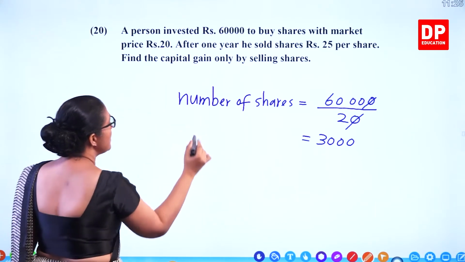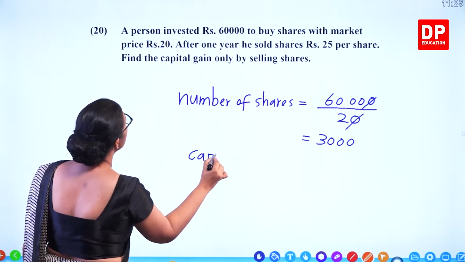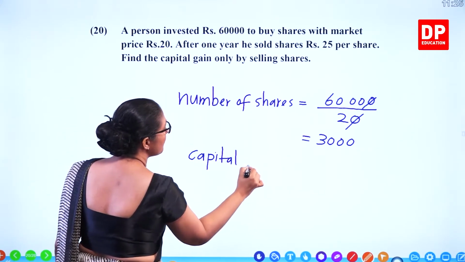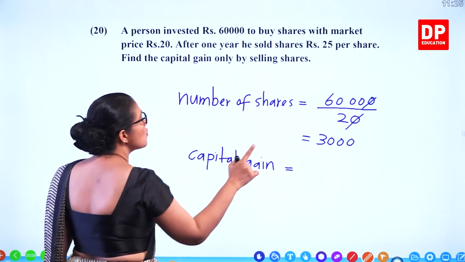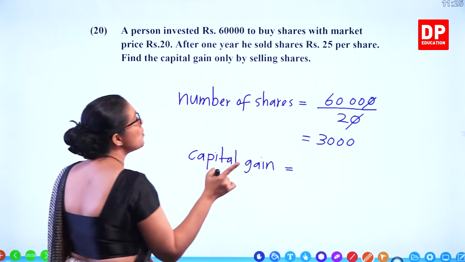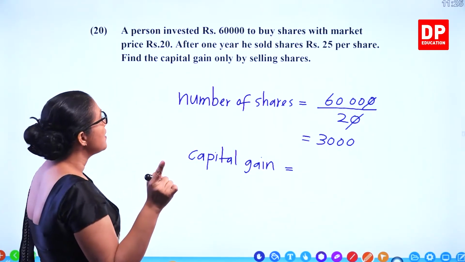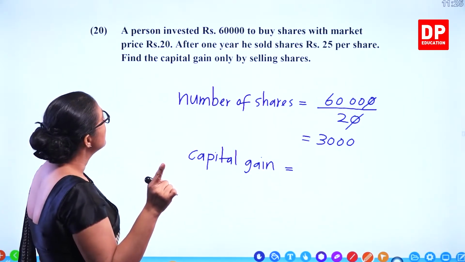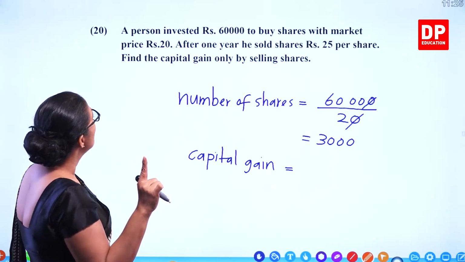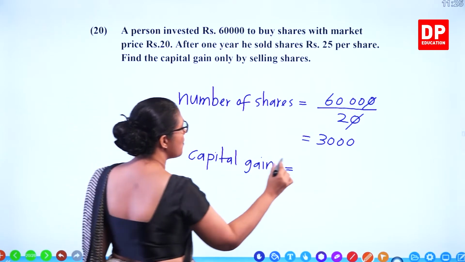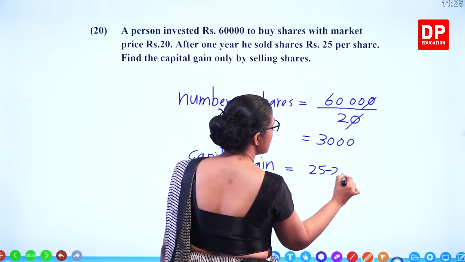So we need the capital gain. How do we find capital gain? Gain means the profit. So here it is the difference between the buying price and the selling price. We can take 1 share. 25 and 20, so you subtract 25 minus 20.